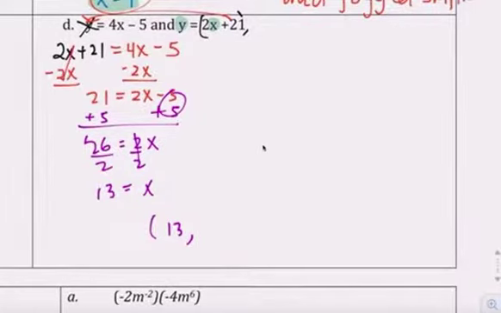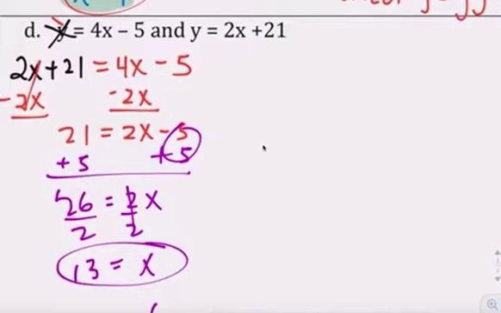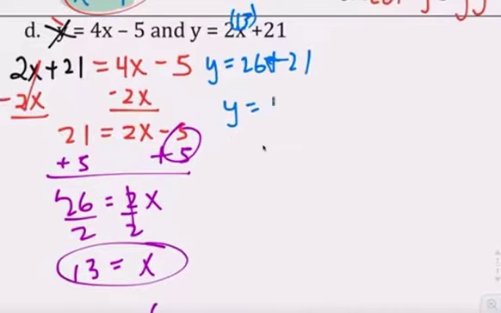So you need to find y. To find y, you need to substitute in x, right? Take your answer, put it in where this x is. So 13 where x is right there. So it's basically 2 times 13, which is 26, plus 21. y is 47.